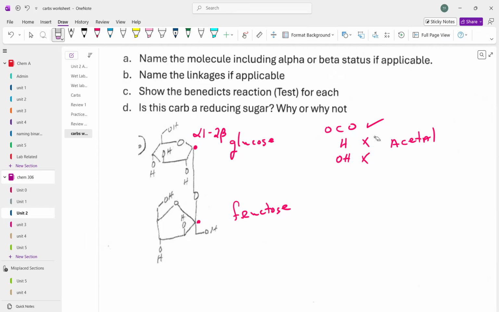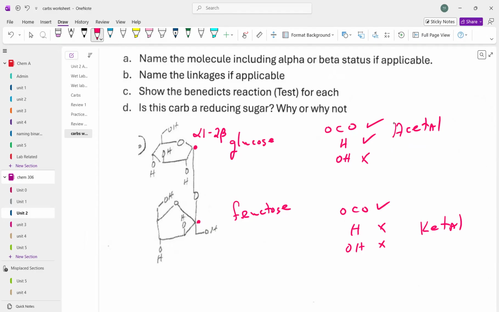You are certainly right. So this one is going to be OCO, no H, and OH, no H. So this is going to be a ketone. Thank you for catching me on that.